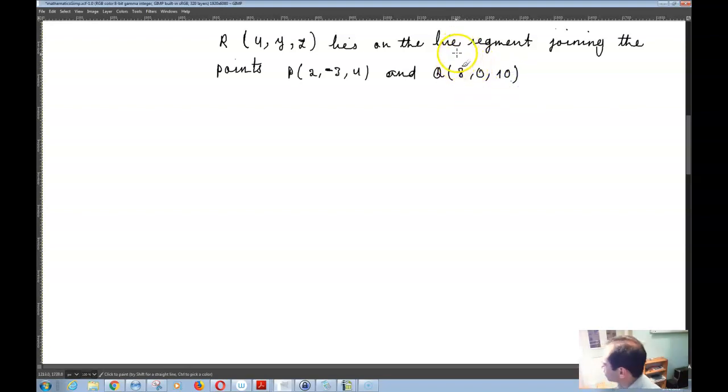So you want to find the coordinates of the point R. Okay, so now the problem is that we don't really know how to write the equation of a line in 3D space.